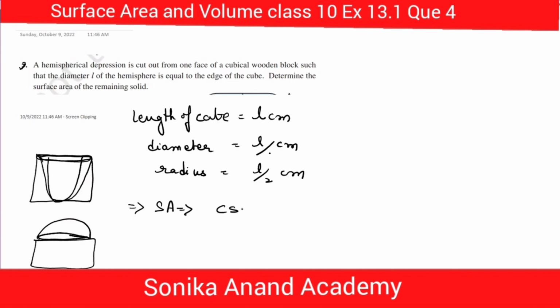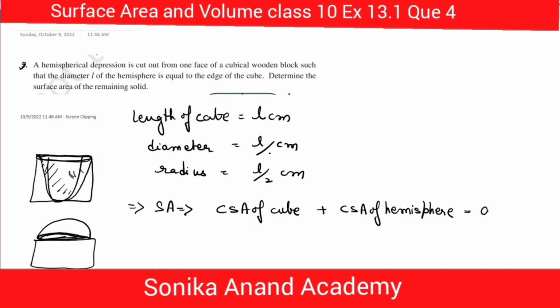So curved surface area of cube plus curved surface area of hemisphere. That means total curved surface area of this hemisphere. But we have to subtract the portion. Clear? This portion which we have subtracted over here, now it goes inside.